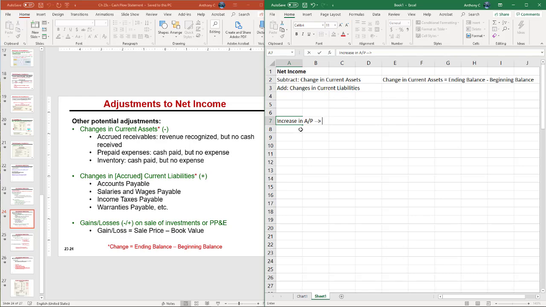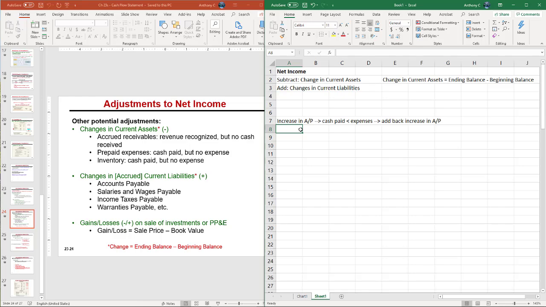So in other words, we probably booked an expense which brought net income down, but if we didn't pay for it in cash, we need to add that expense back to get net income to a cash basis. So with an increase in AP, the cash paid is less than our expenses. So add back the increase in AP.